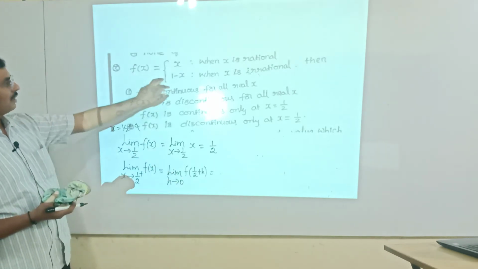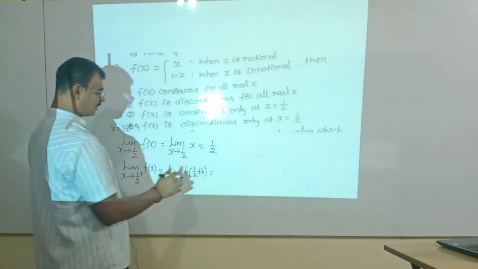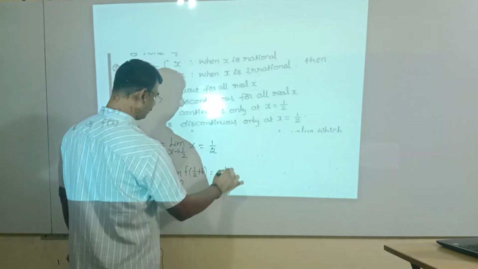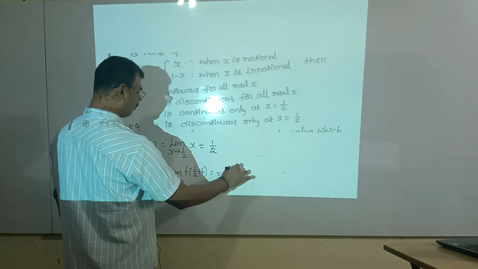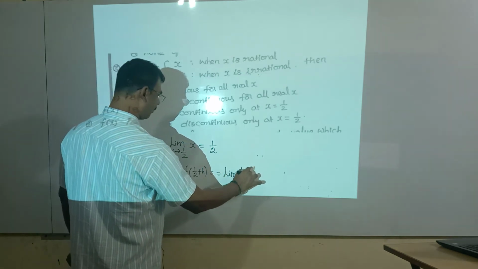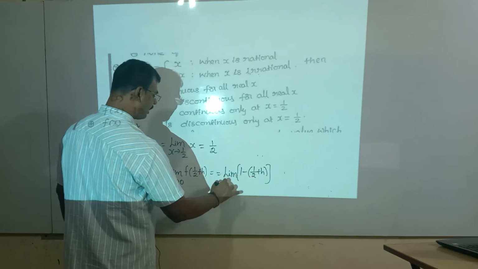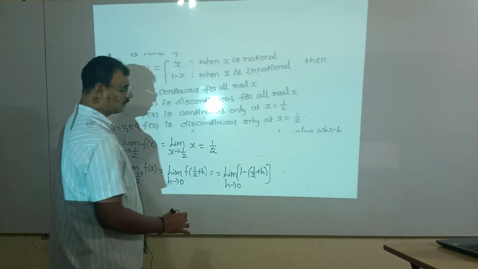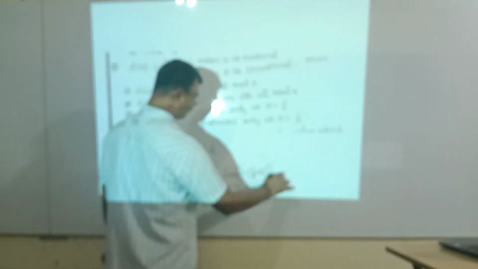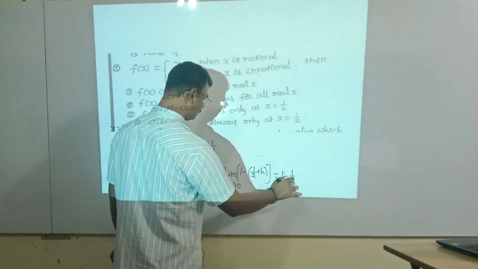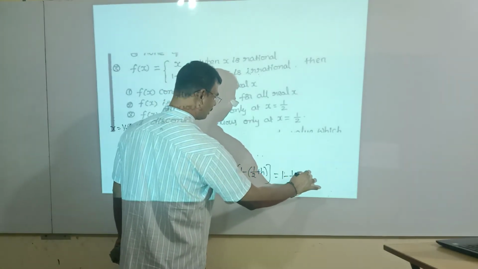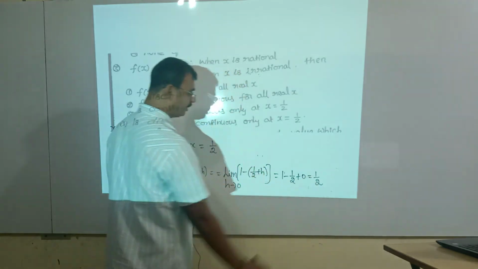If it is an irrational number, what is the function? 1 minus x. So this is equal to limit of 1 minus of 1 by 2 plus h as h tends to 0. Apply the limit. This is equal to 1 minus 1 by 2 plus 0. This is equal to 1 divided by 2.